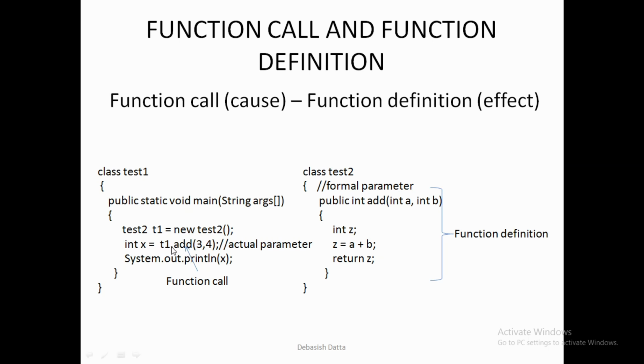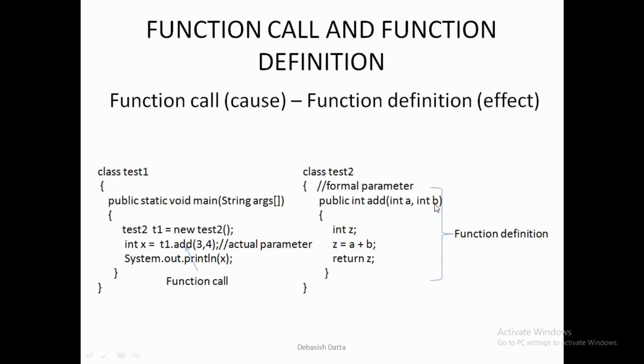As you can see here in this line, this is the function call, and inside the test2 class, the function definition is there. In the function call, we have passed some values which are known as actual parameters, and in the function definition, those values are accepted into some variables, here a and b.